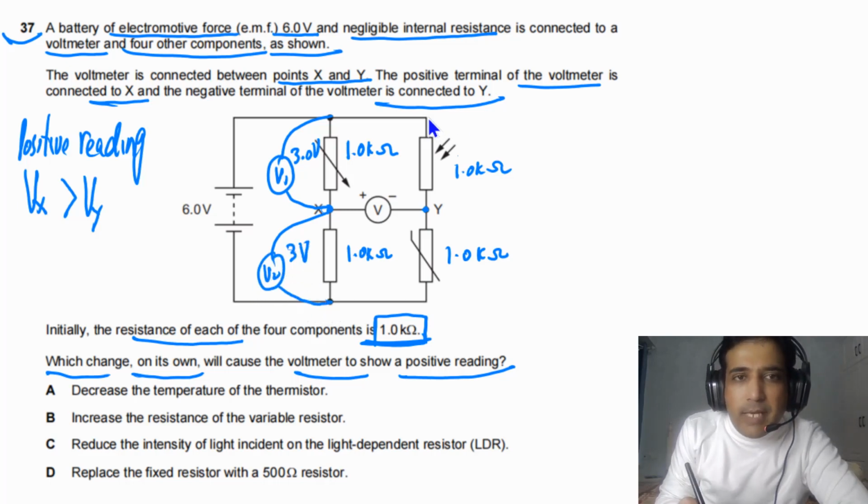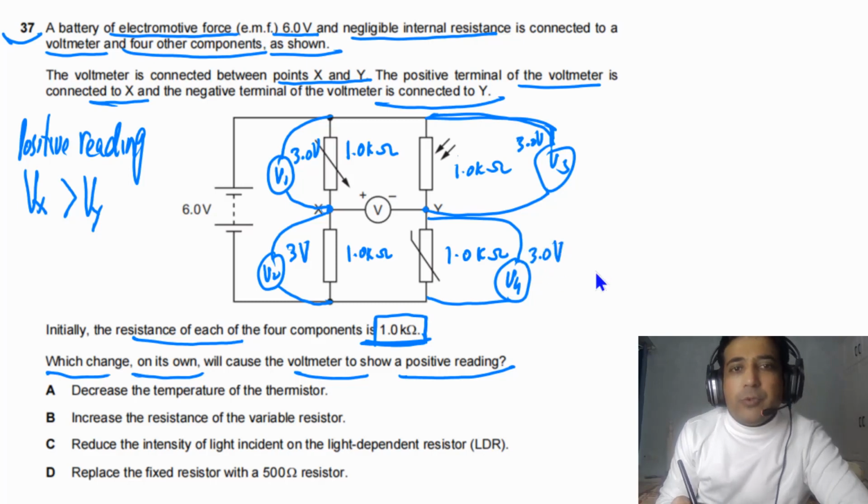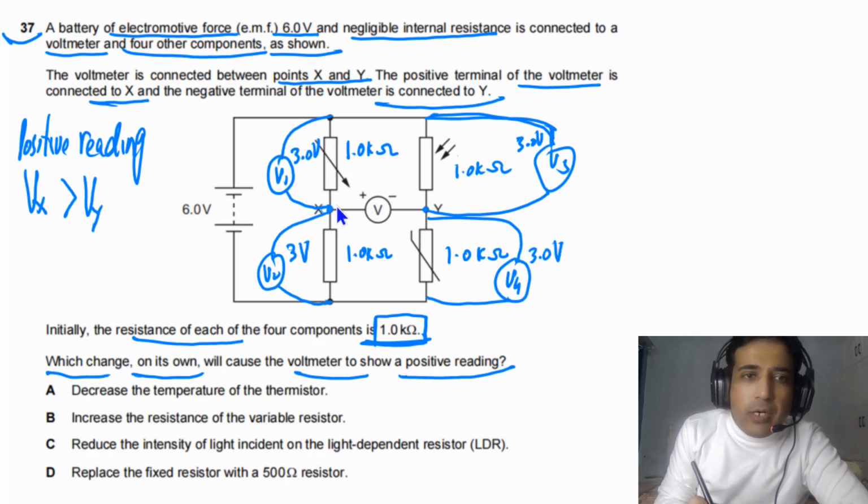And if we connect voltmeter V3 here, reading on this voltmeter will be equal to 3.0 volts as well. And if we connect V4 here, reading on this voltmeter also will be equal to 3.0 volts.